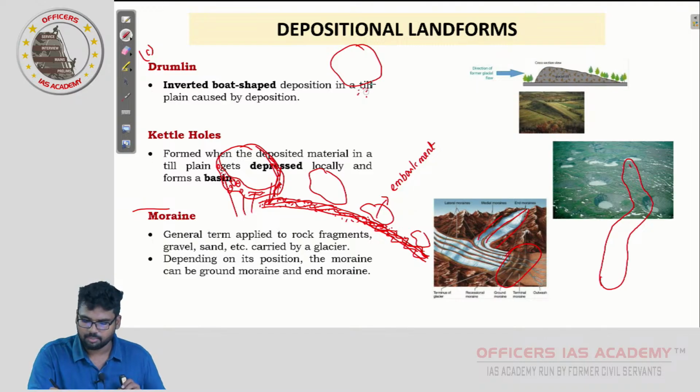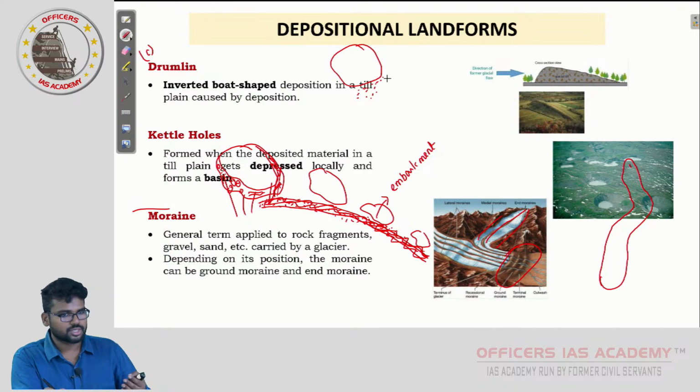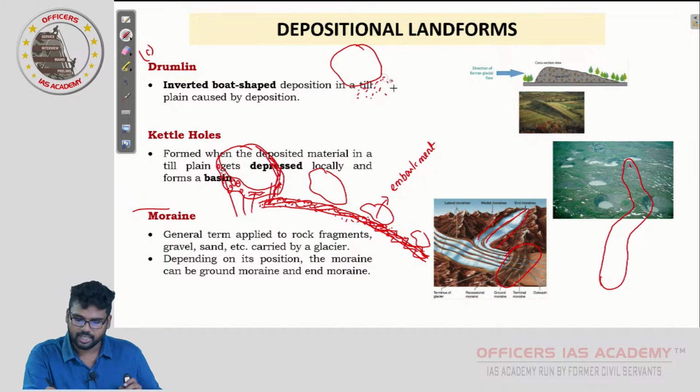Initially it starts depositing the material, then slowly the rate of deposition is going to pick up because the melting is going to pick up. So there will be many depositions, and as it starts moving, let's say here, now the size of it has reduced. Now here there will be a smaller number of sediments deposited, next further less, next further less, then finally less.